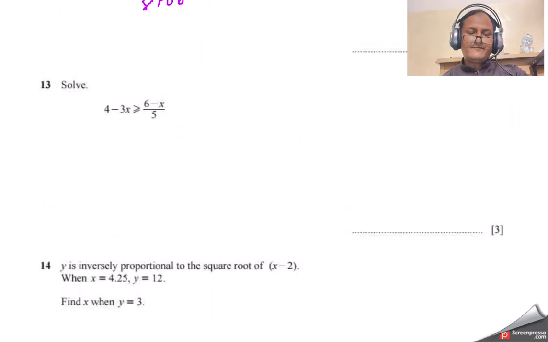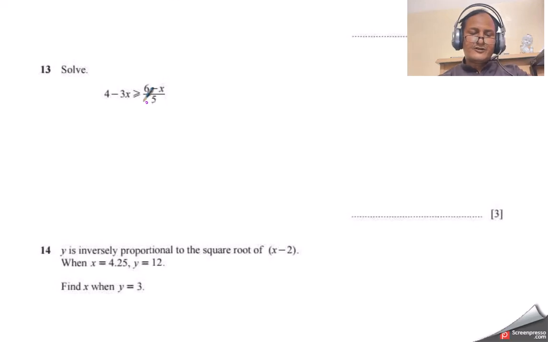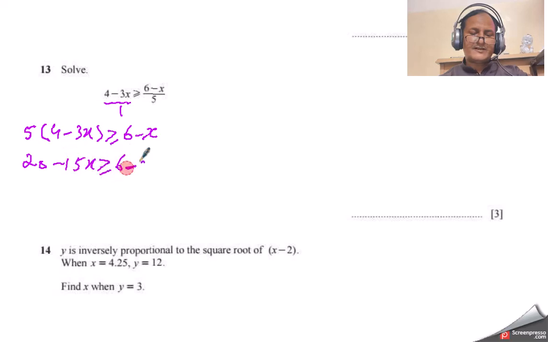Okay, now we have inequality questions. Solve. For example, here we're supposed to, with the help of cross multiplication, 5 times (4 minus 3x) greater than or equal to 6 minus x. Then open the brackets: 20 minus 15x greater than or equal to 6 minus x. Now we're supposed to solve for x, arranging the like terms together.